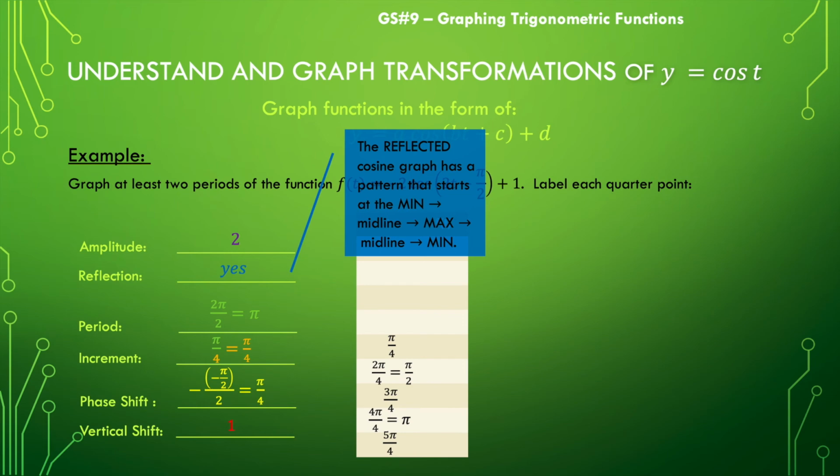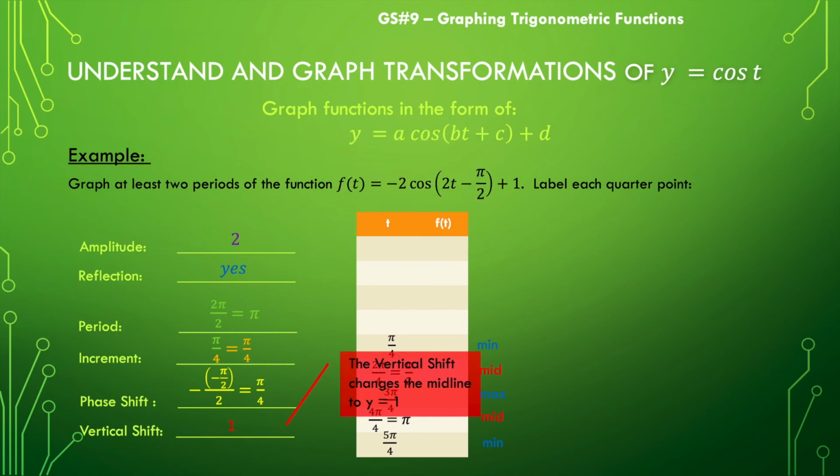So we fill in those middle values with our vertical shift. Our middle values are now 1. Then we use our amplitude to determine our max and min: we add 2 to that 1 to get our max, and subtract 2 from that 1 to get our minimum.